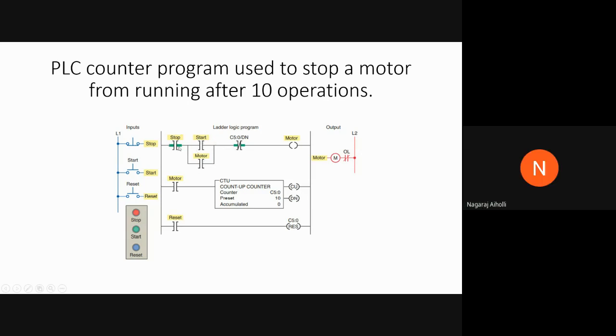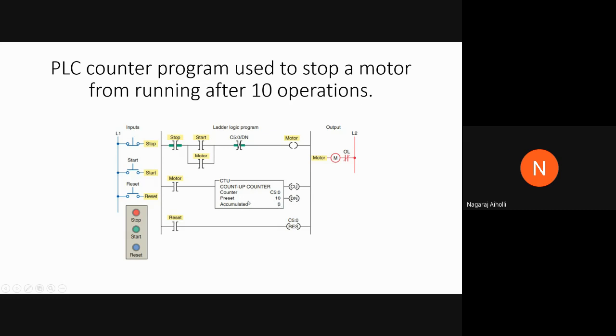Then when stop is true and start is true, then the C5:0/DN bit. This is for the up counter. Here, when the up counter done bit is 0, initially it will start to count from 0 to 10.